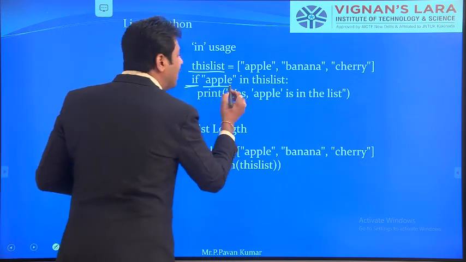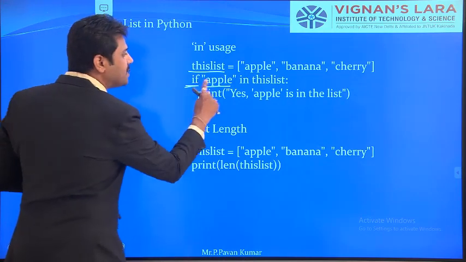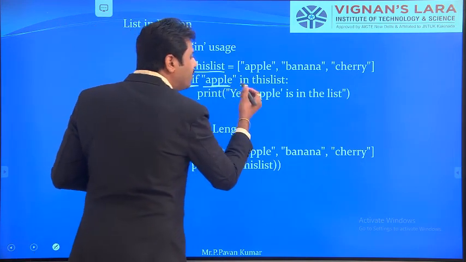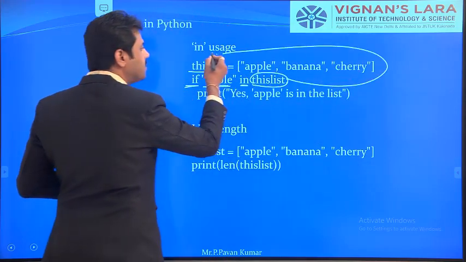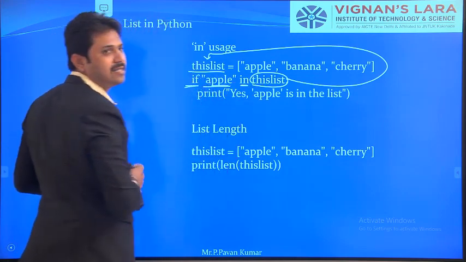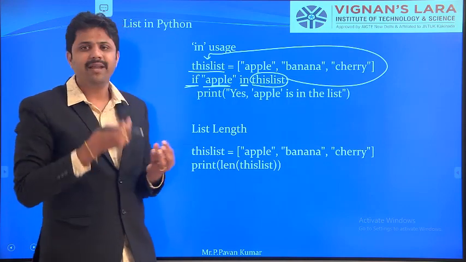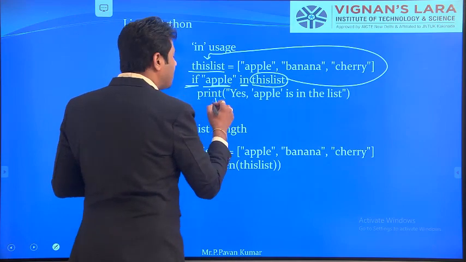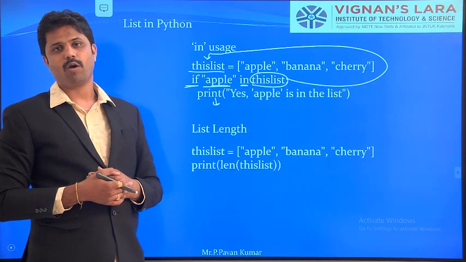To check apple, you must write it in double quotes: apple in this list. What is this list? This list is nothing but the name of the list. I am just asking the compiler, is apple in this list? If it is true, I just print a statement like this, apple is available. Else, go to the next block.